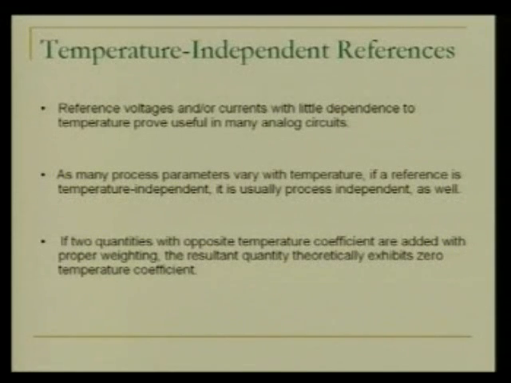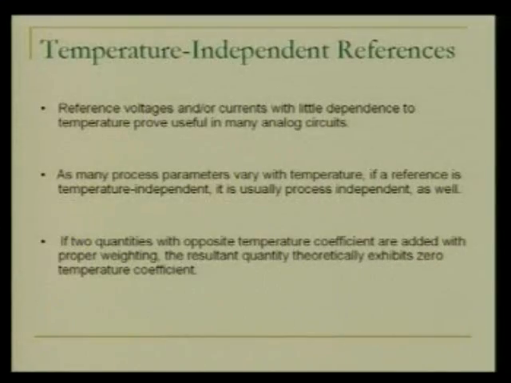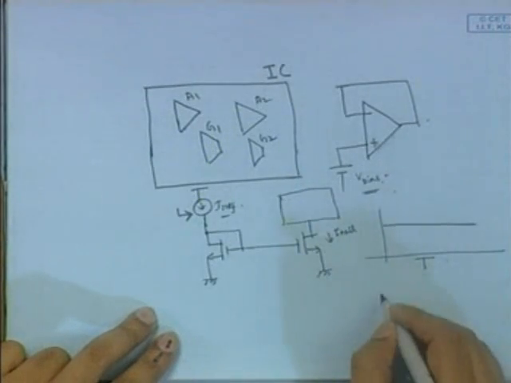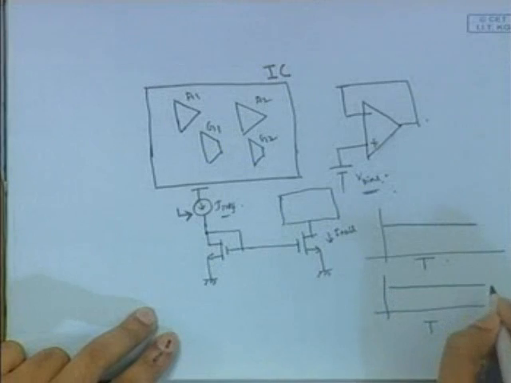There are a few factors which generally affect the circuit designing properties. The important thing is the temperature, that is, different process parameters. For example, if you just consider electron and hole mobility, this is a very much temperature dependent parameter. So when you go to design a voltage or current reference circuit, you should fix the goal that over a wide temperature range your designed voltage value or current value should remain fixed.